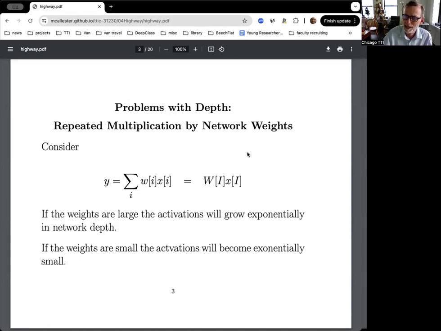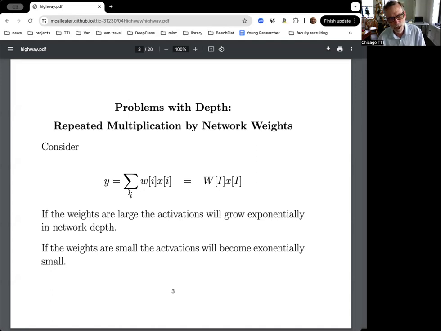It's not just the activation function. Let's consider y, which is a linear sum of weights times an input value. So this is the weighted sum that's going into a neuron. This is the y. And consider the values of y we're getting for fixed values of the weights.